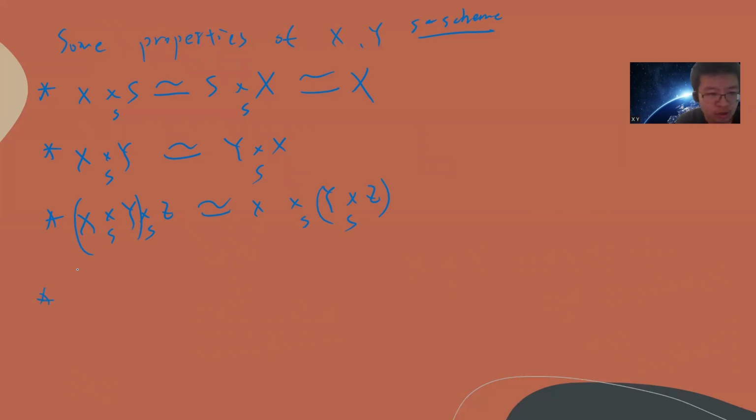And then there's the idea called base change. Base change looks like this: if you have the S-scheme X, and then you have another map from S prime to S, then you can do the fiber product, right? This is usually called X S prime, which is the base change from S to S prime.